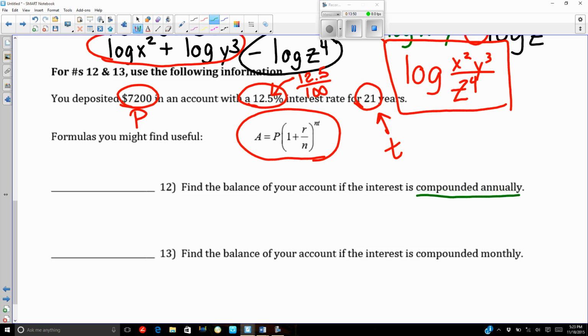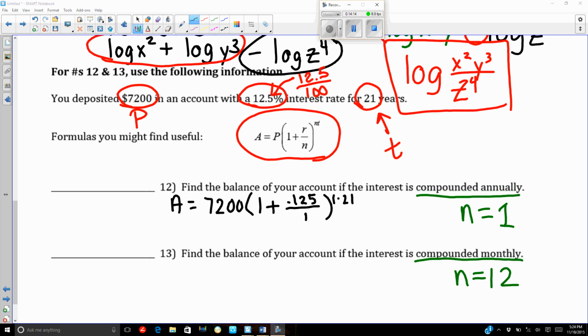So that means it's been compounded just once. So that means N equals 1 on number 12. Number 13 says it's compounded monthly. So that means N equals 12, since there's 12 months in a year. So now this is as simple as substituting all those values into the formula.